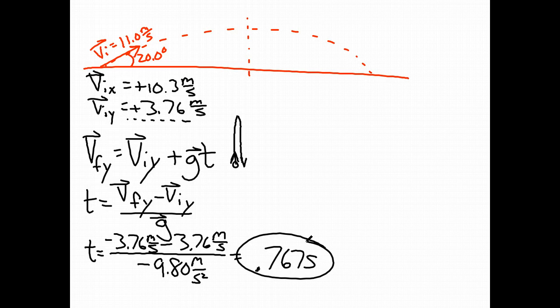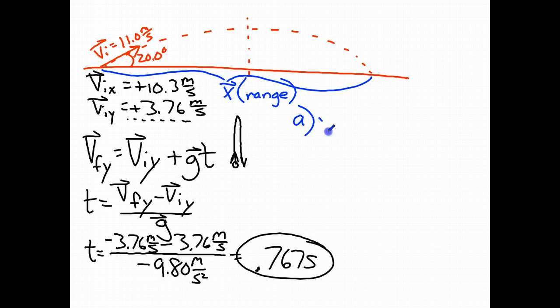All right, so those are actually the most difficult parts of this problem. At least I believe so. So part A says, how far did the object go in the x direction? That's displacement in the x. We also like to call that the range. So part A, you only have one equation. X is equal to VIX times the time. Remember that the acceleration in the x direction is 0. That's why we don't have any acceleration in the problem here. The velocity is constant.